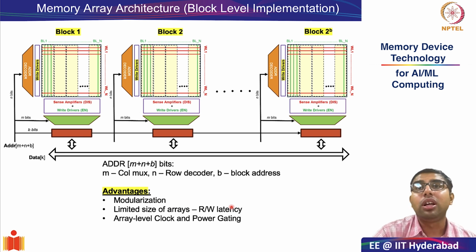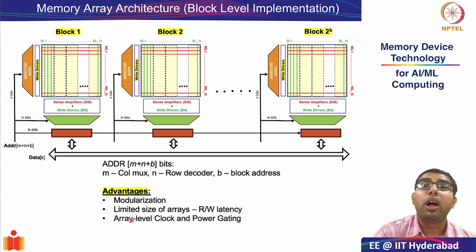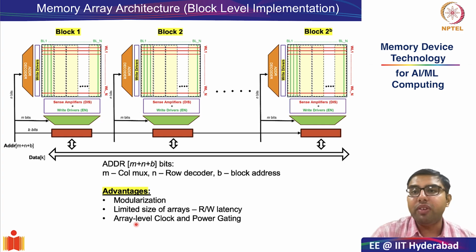Final important advantage of having block level design is the concept of power management. As you know, there are two kinds of power consumption which happens in all computing systems. One is your static power, another is your dynamic power. The dynamic power is the power which gets consumed when there is switching of devices.